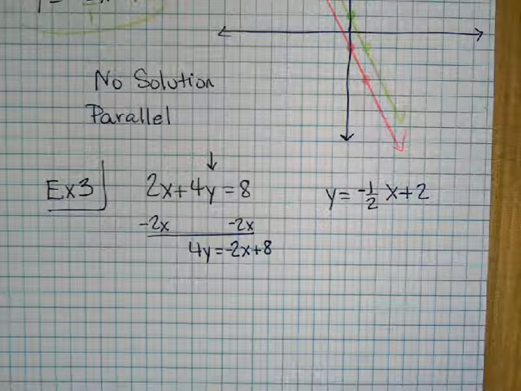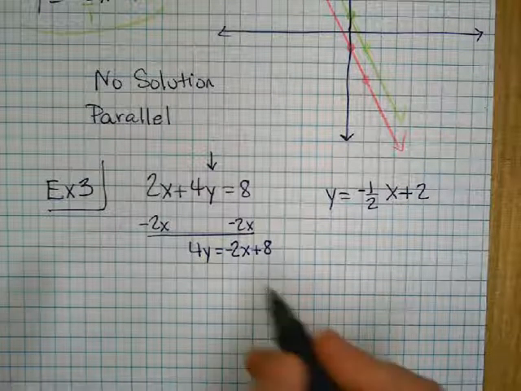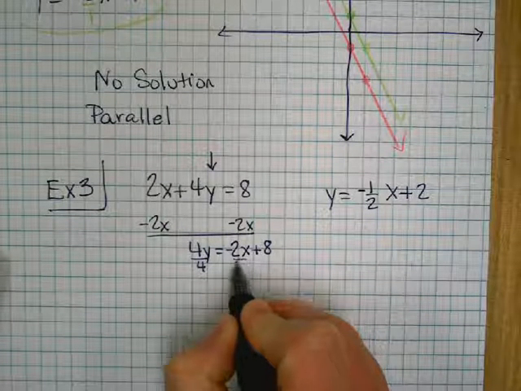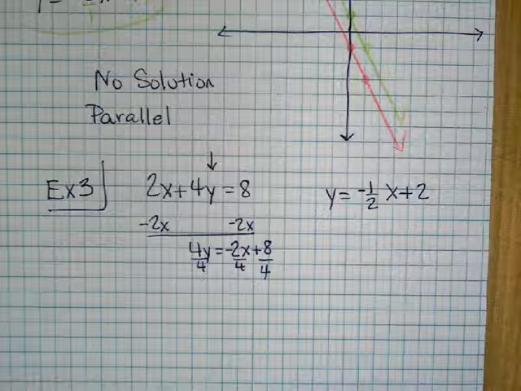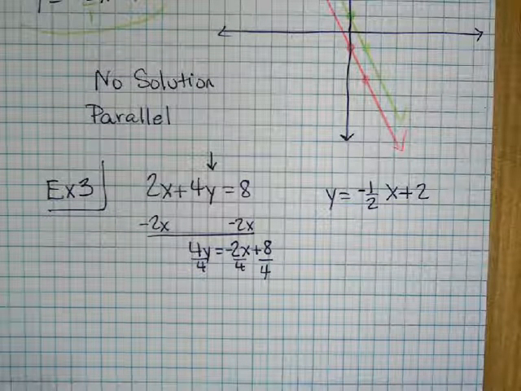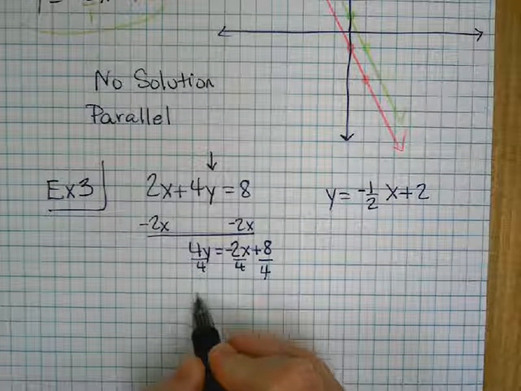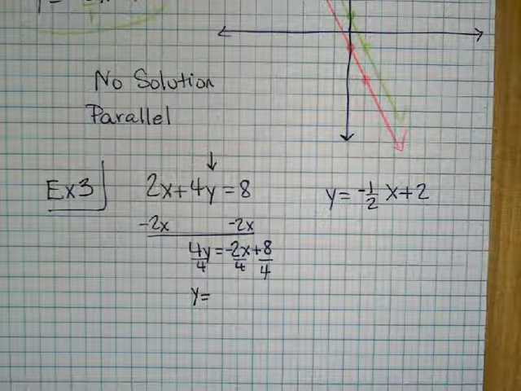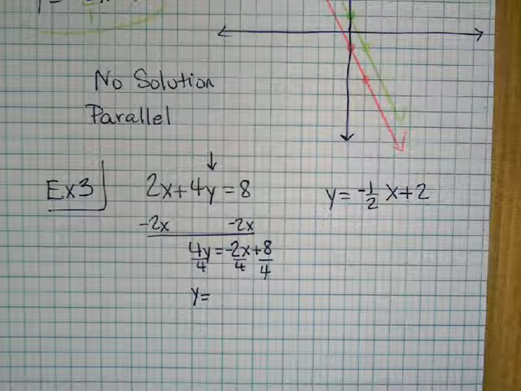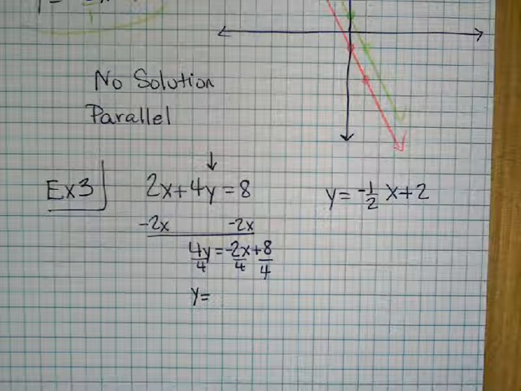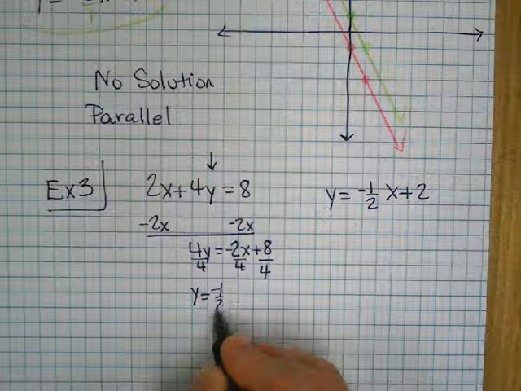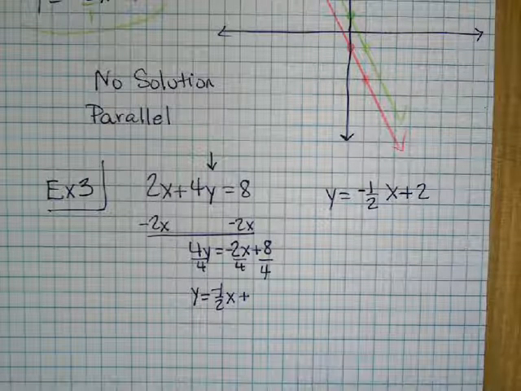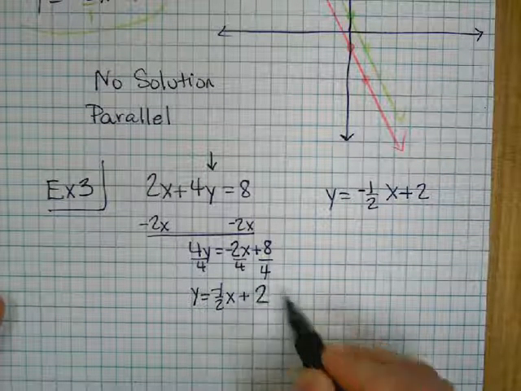What else do I have to do? Divide every single part by 4. Every single part. So this says y equals negative 2 over 4. Can I write that in a simpler way? Negative 1/2, plus, what's 8 over 4? 2. Okay, so now I'm ready to graph.